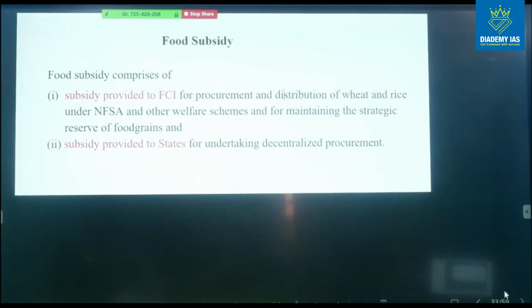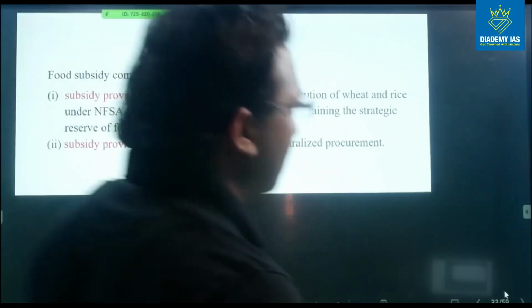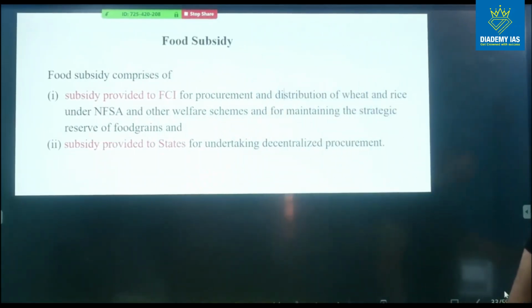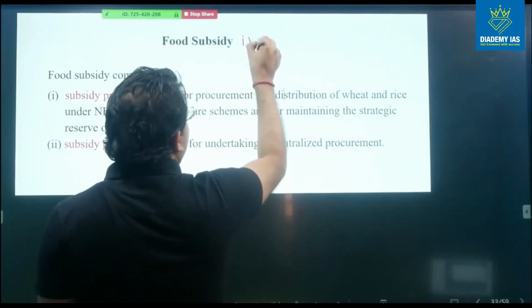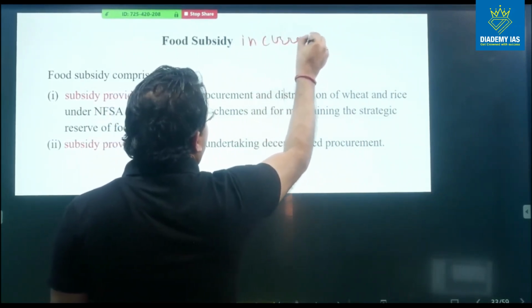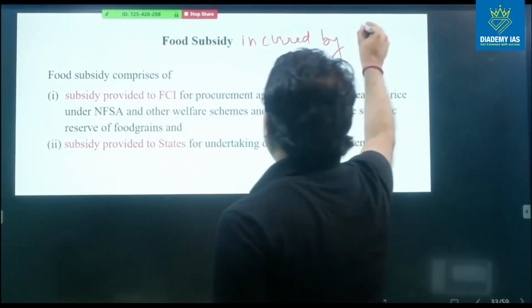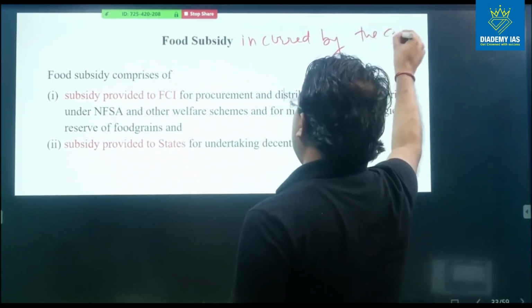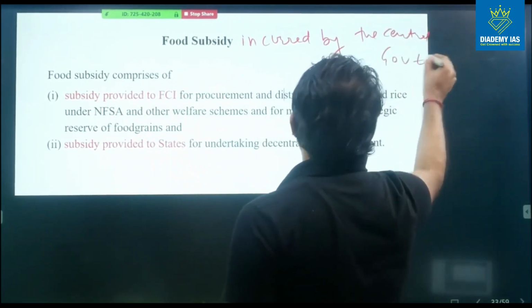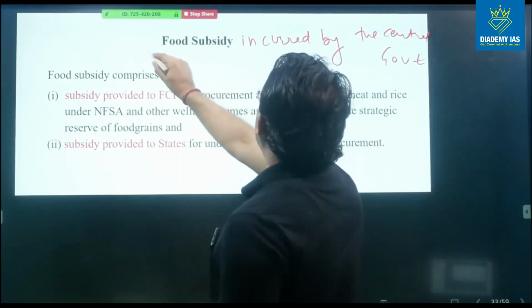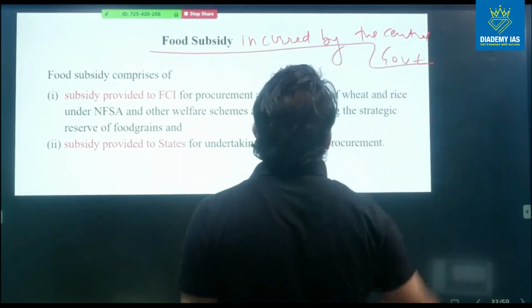Now, what is the total food subsidy which is incurred by the central government? Food subsidy incurred by the central government, right?